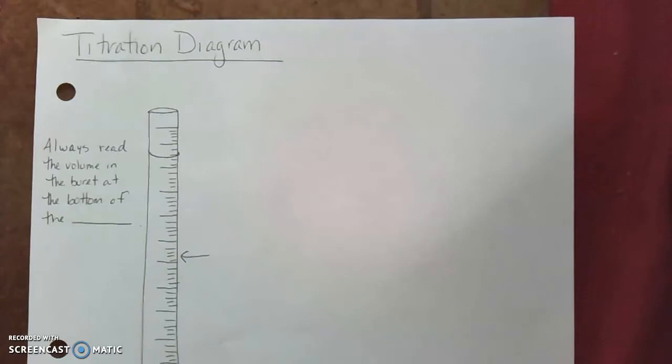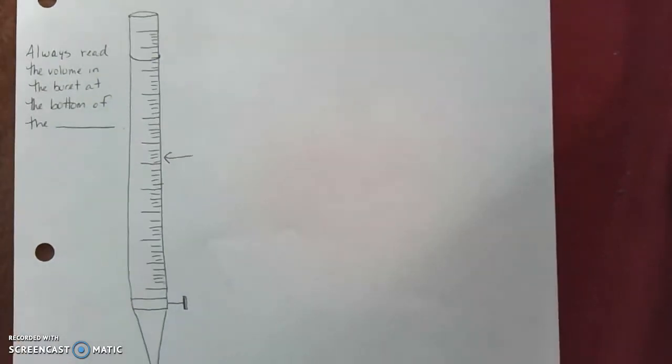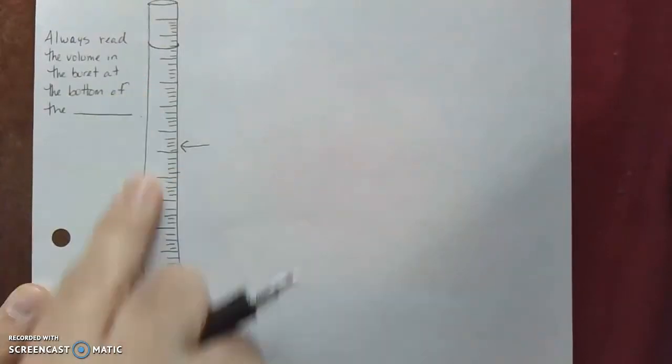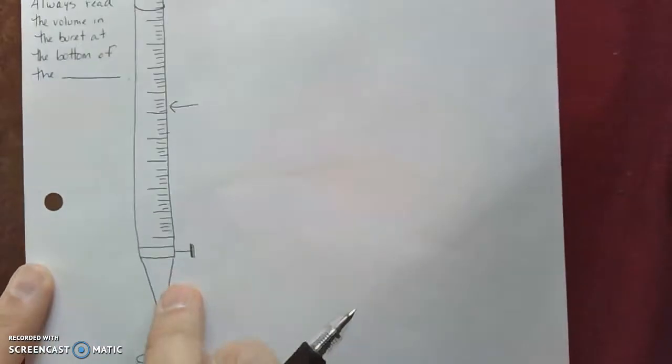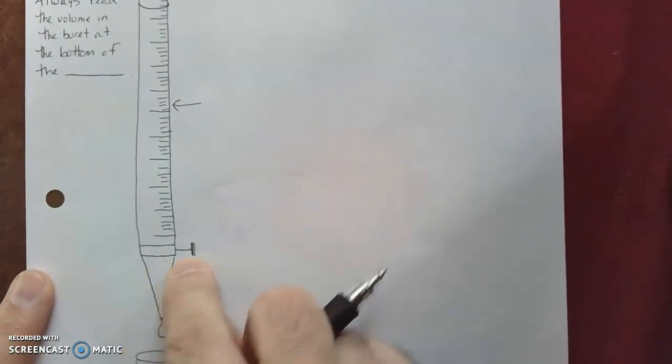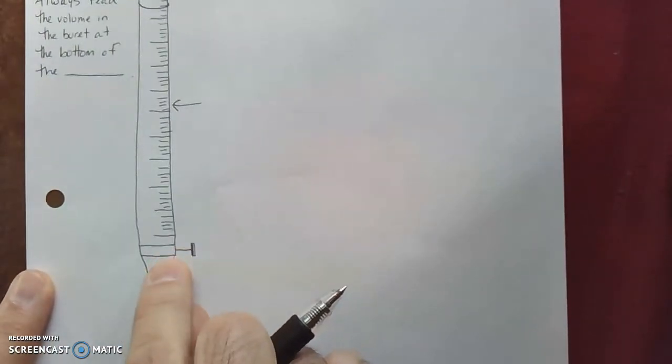And here we have a diagram of some of the equipment, crudely drawn by myself, but nonetheless, it will get our point across. So here we have a burette. And again, this is fitted with a valve right here that you turn that's called a stopcock.